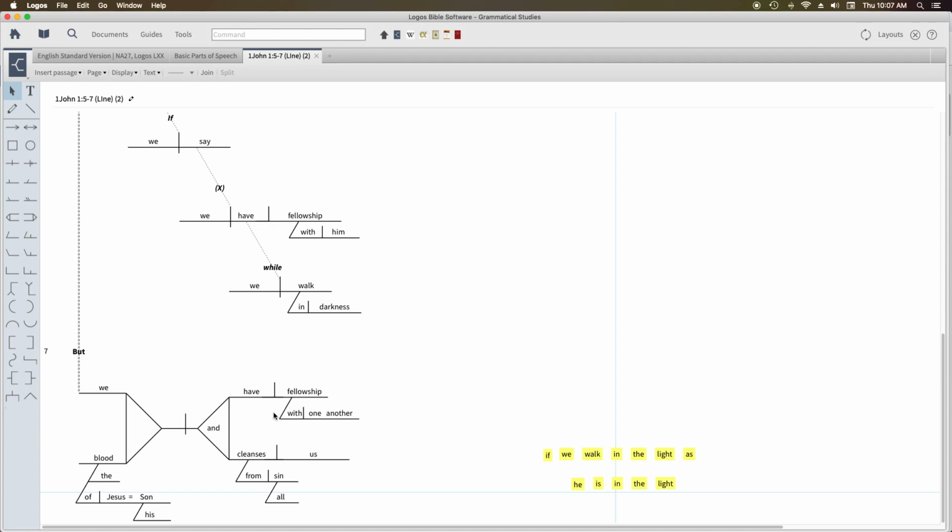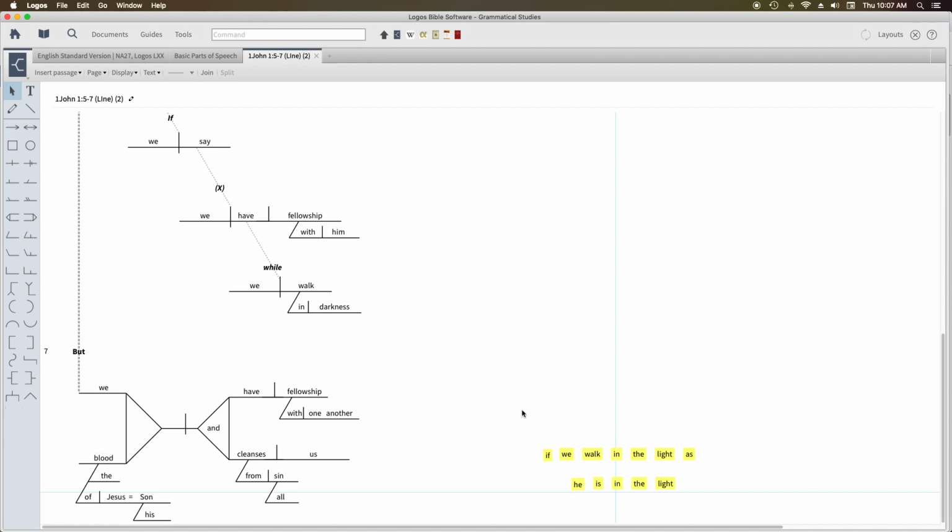And again, I am kind of curious how I did this in the original one, because I don't remember doing it as a compound subject. We have fellowship and the blood cleanses us. But I'm seeing it as connected, not as coordinating, I guess I should say. So if I'm wrong, I'm wrong. Somebody can correct me on it. I'd be glad to do it the correct way, but this is how I'm seeing it right now.